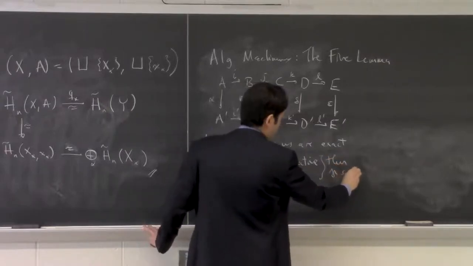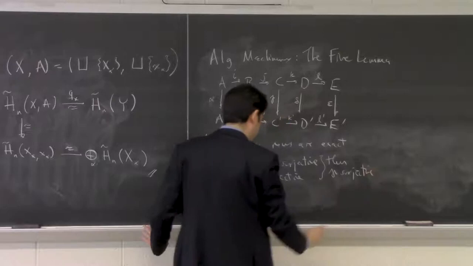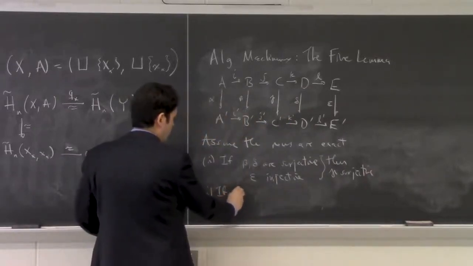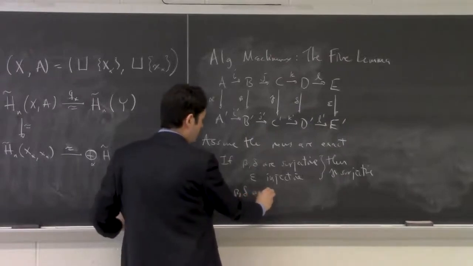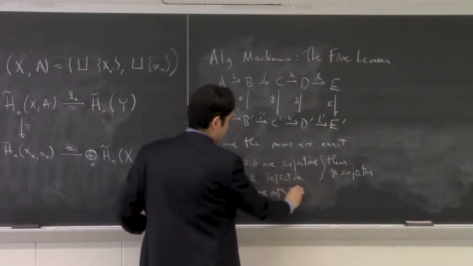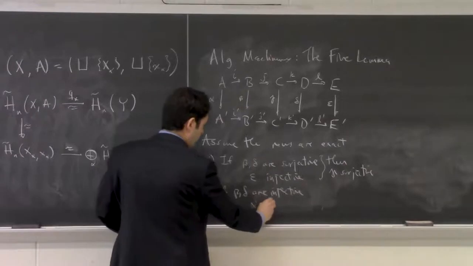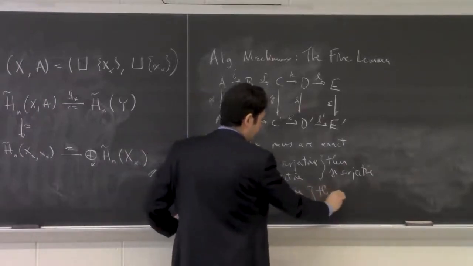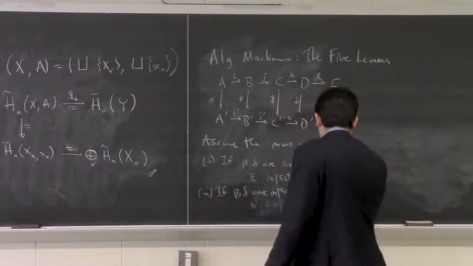Then gamma is surjective. And 2, if beta and delta are injective and alpha surjective, then gamma is injective.